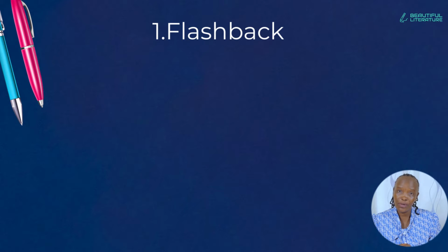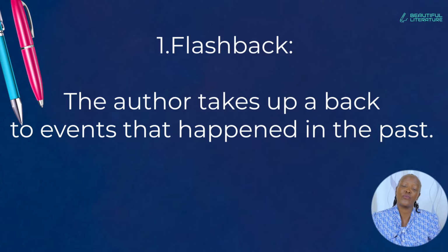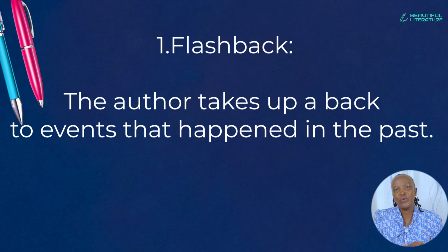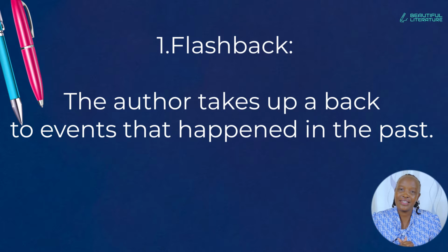Today I want us to look at three styles, and let's start off with flashback. Flashback is a very important style where the author takes us back from our current events happening today to what happened years ago. If there is a style that has been extensively used in this text, it is flashback.